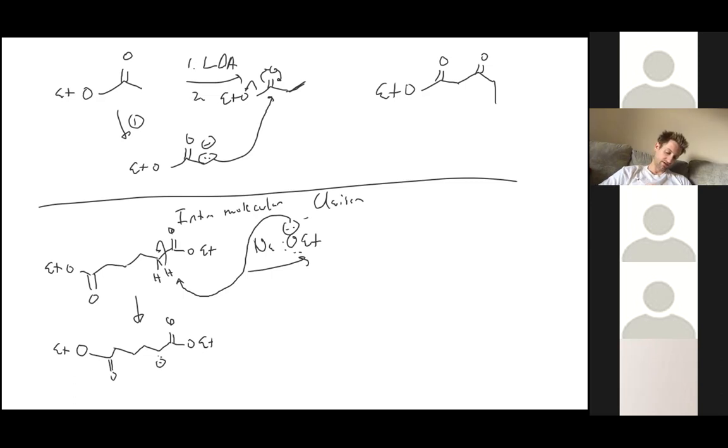This can then attack itself. We're going to form a ring, a 5-membered ring from this, because we have 1, 2, 3, 4, 5 carbons in between the attack.